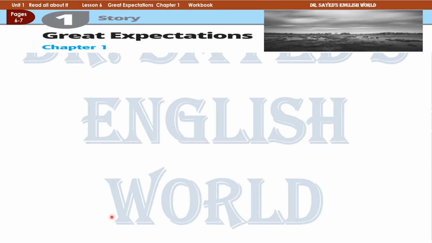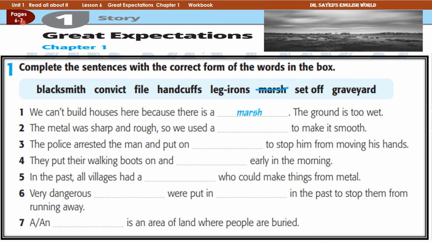Okay, let's answer this exercise, and again this exercise is on pages 6 and 7 in the workbook. Okay, complete the sentences with the correct form of the words in the box.